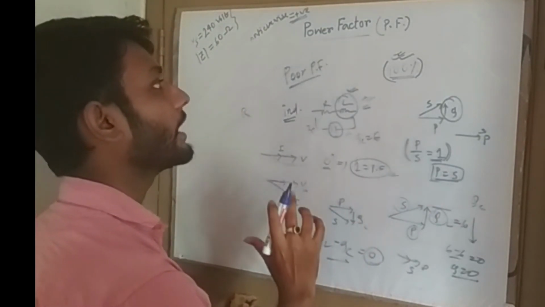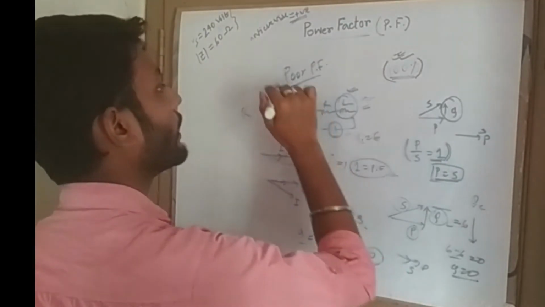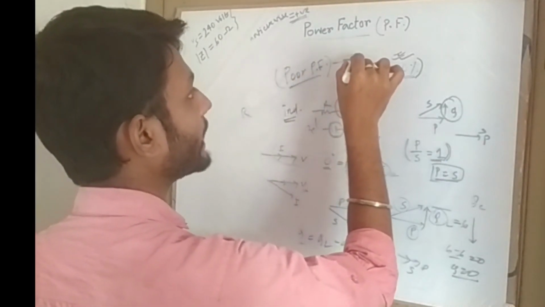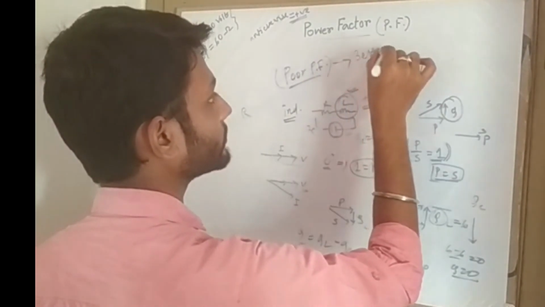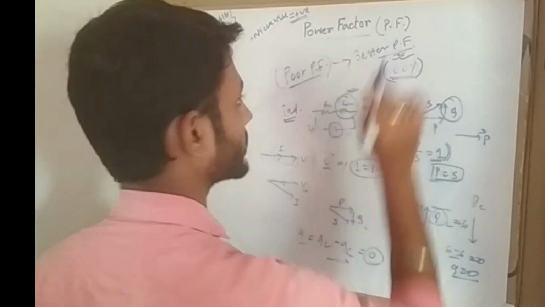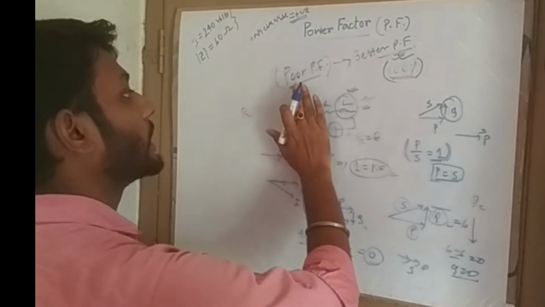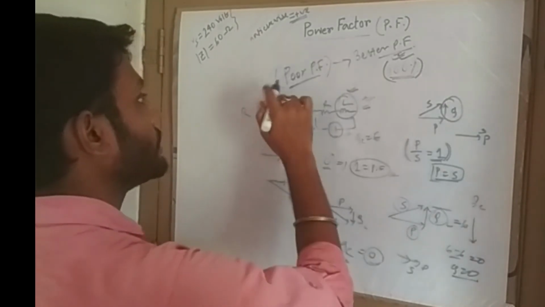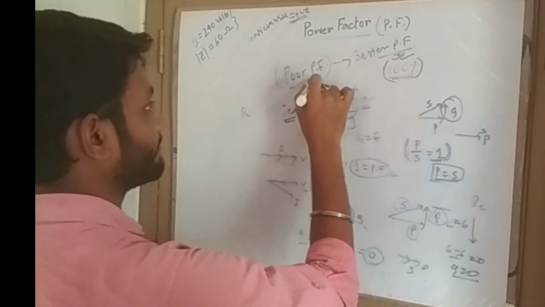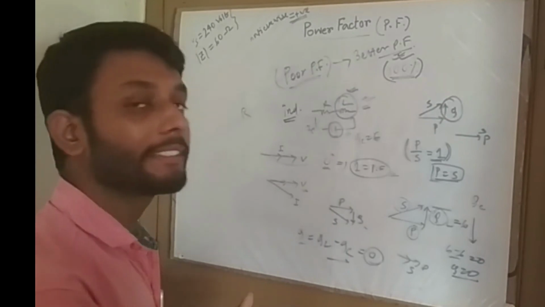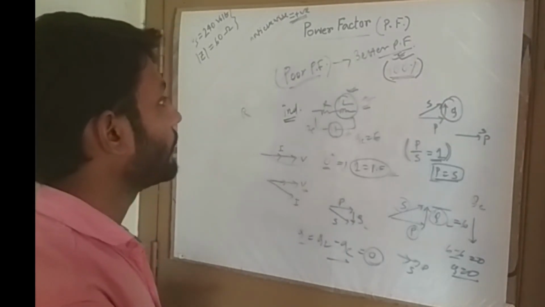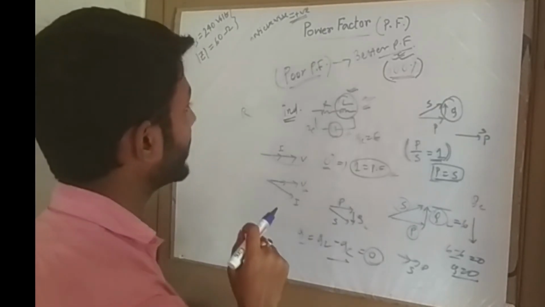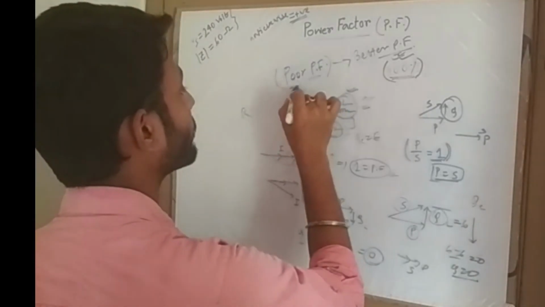This way we can make poor power factor to a better power factor value. Okay, if the load you have connected to the supply is of poor power factor, then the energy supplier may charge you. That means you may get punishment from the energy supplier for this poor power factor.